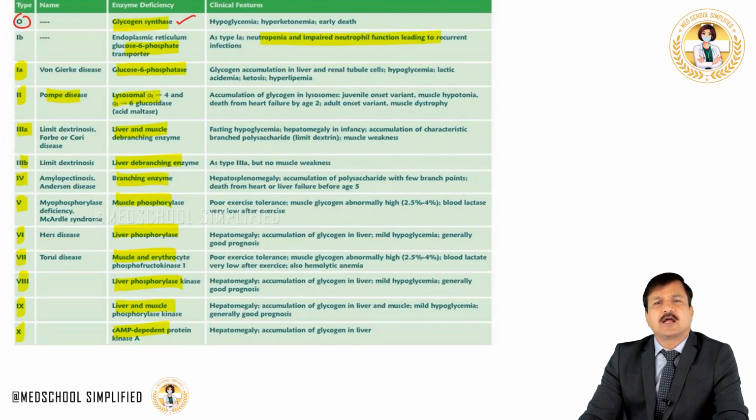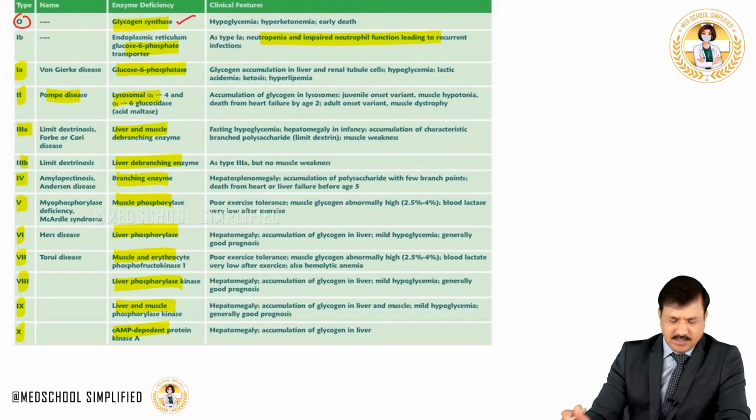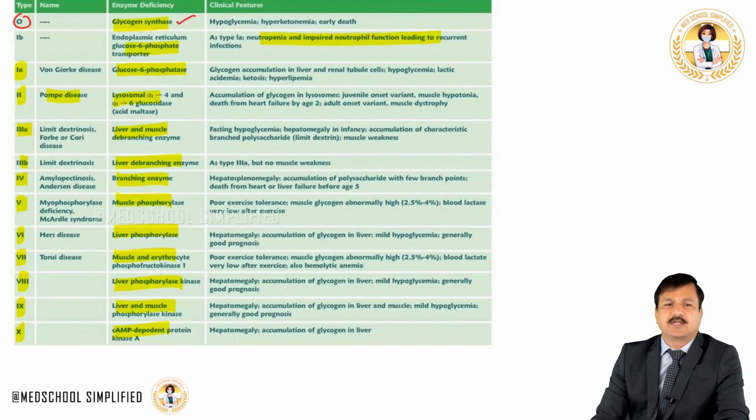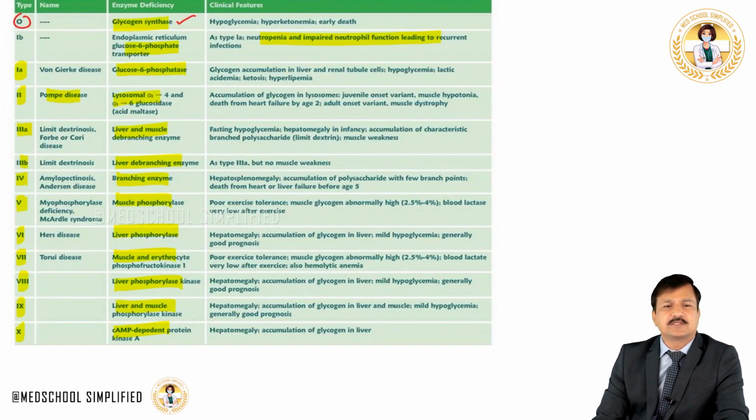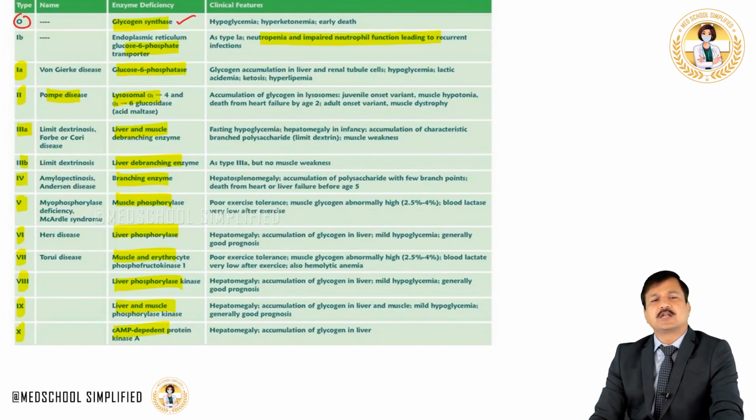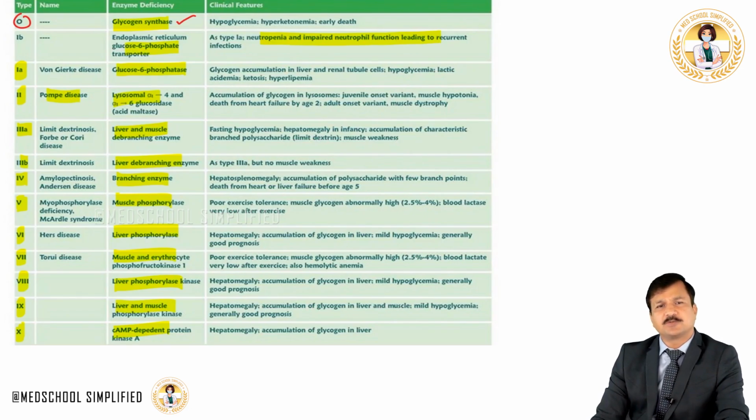Type 4 is Andersen disease, type 5 is McArdle's disease, type 6 is Hers disease, type 7 is Tarui's disease. After that we don't have other names for types 8, 9 and 10; they are because of liver glycogen phosphorylase kinase enzyme deficiency.